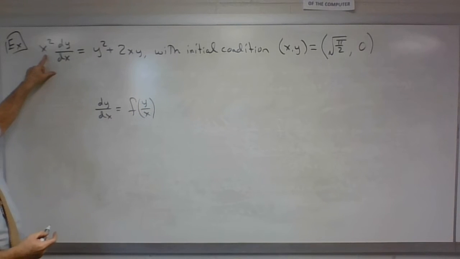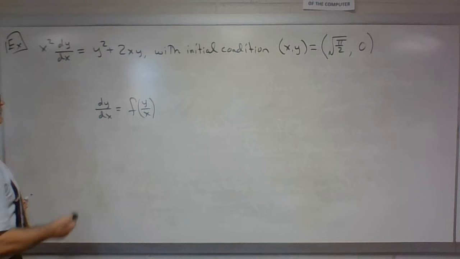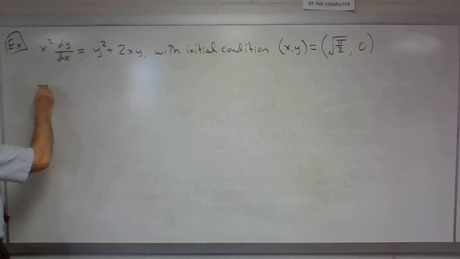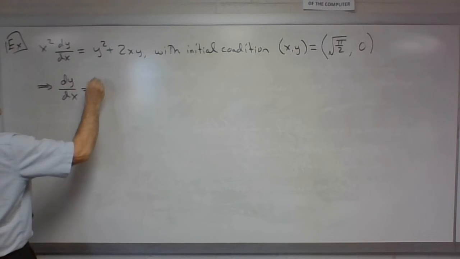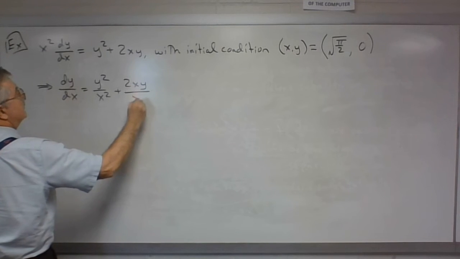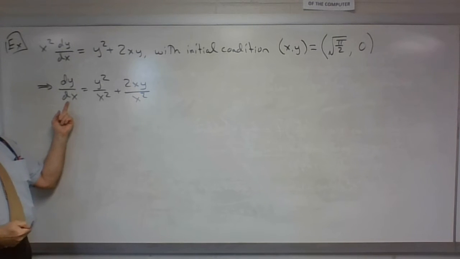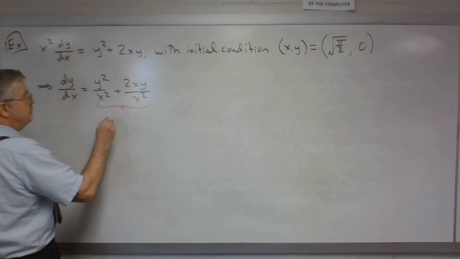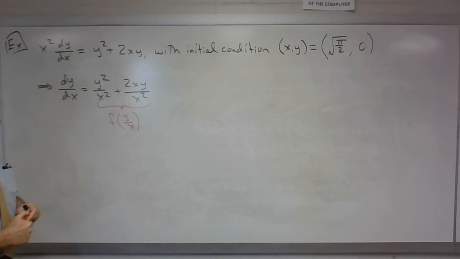So I'm just going to do this blindly. I'm going to get dy/dx by itself. I'm going to divide both sides by x squared and see what happens. I've got my dy/dx on the left, and somehow I want to turn this into a function of y over x.